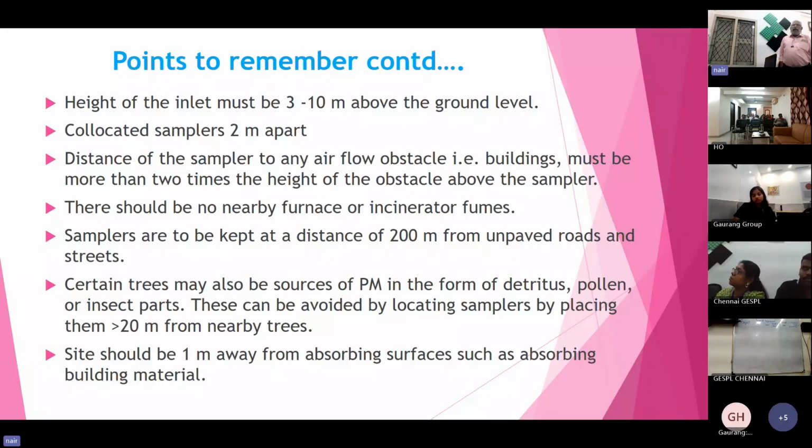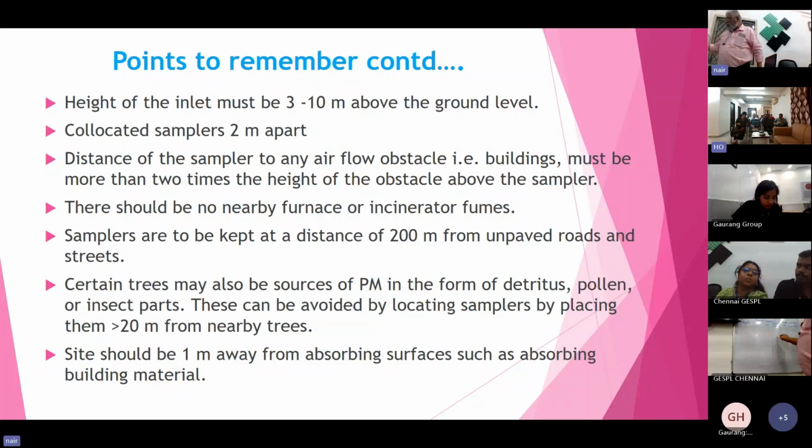This is another very important point. Height of the inlet must be 3 to 10 meters above the ground level. So the inlet point of the high volume sampler. I will show you. See, the high volume sampler will be there.